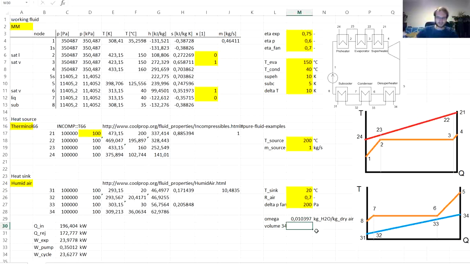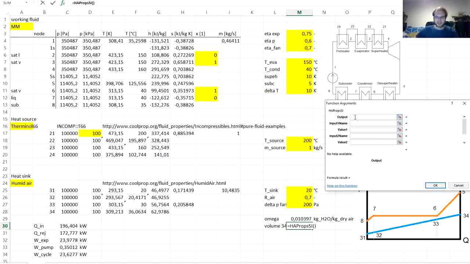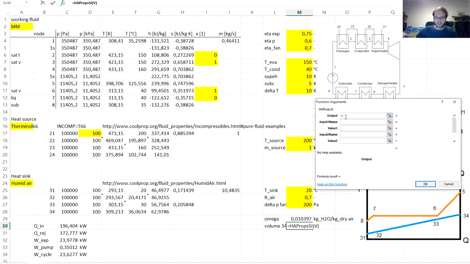And the syntax goes: HAPropsSI, where the output would be the unit volume, which for humid air has the letter V. Eventually we could also get density, which in CoolProp, by the way, has the symbol D for density, but it doesn't work in humid air, because in humid air the D would stand for dew point.